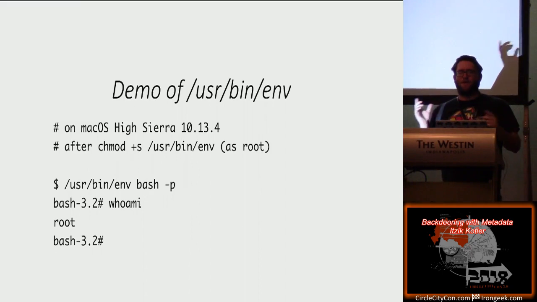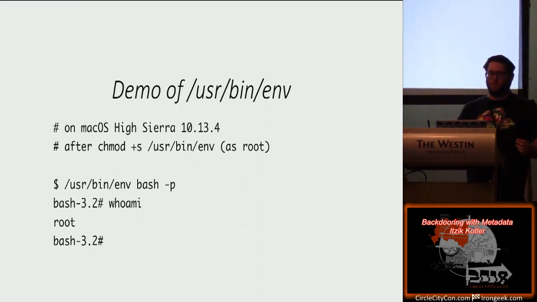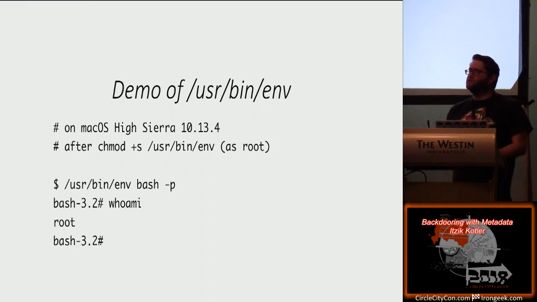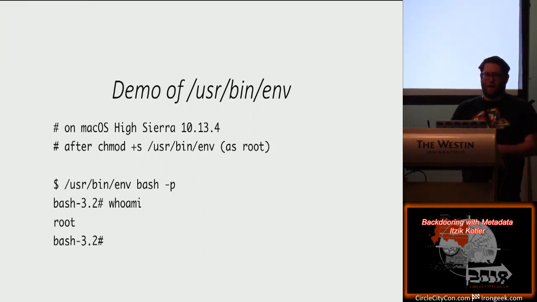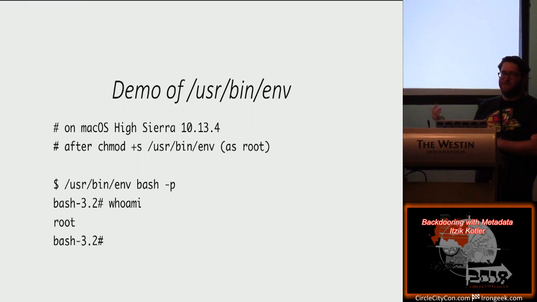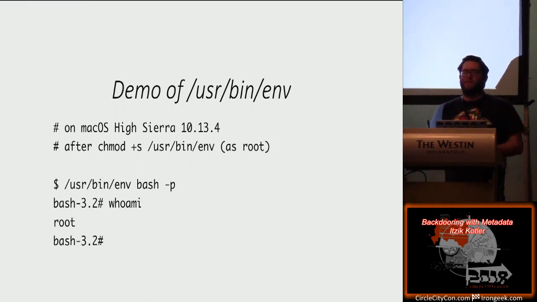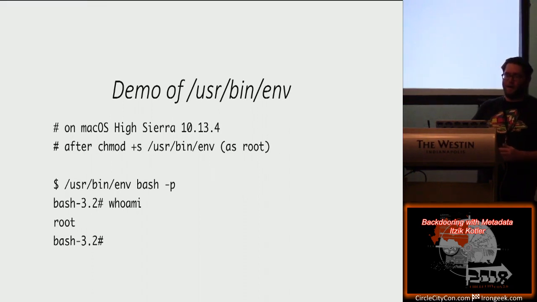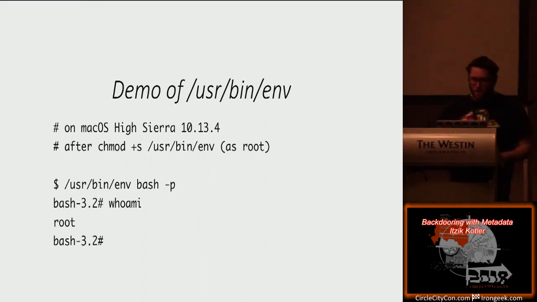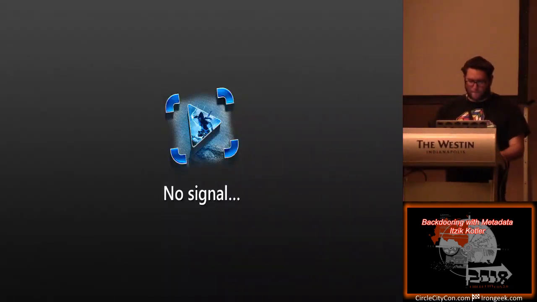As you can see, changing the binary, elevating it with +s as a root, meaning that once you're an administrator on the machine, you change that file's flags, and the next time that you try to run it with bash, it will end up becoming a root shell. So, a quick demo of this technique.